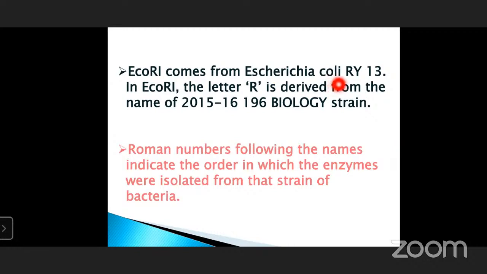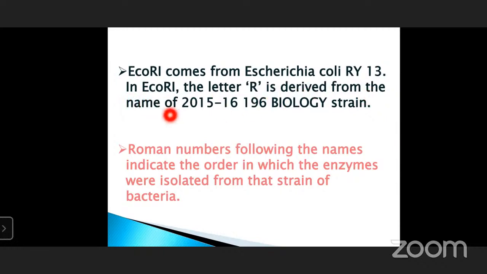When we observe the naming of the enzyme EcoR1, which is a restriction endonuclease enzyme, the first letter, E, is the genus name of Escherichia coli. The second two letters indicate the species name. R is the series of the strain, and the number is the serial number which is present in the strain.